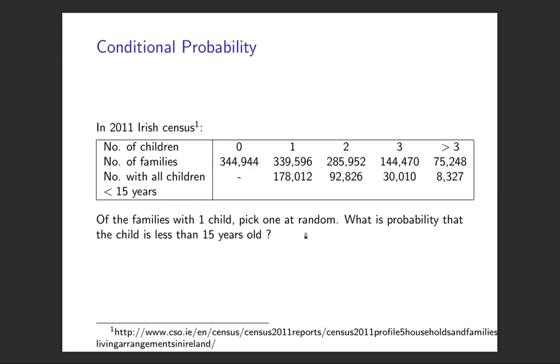A good tip for when dealing with probabilities and statistics generally. Okay, so here the experiment is, we imagine we have all the families in Ireland with one child. We pick one at random, each one being equally likely to be picked. So it's an equally likely outcomes setup. And then we can ask, what's the probability that the child in that family is less than 15 years old? Well, we know how to do that, don't we?